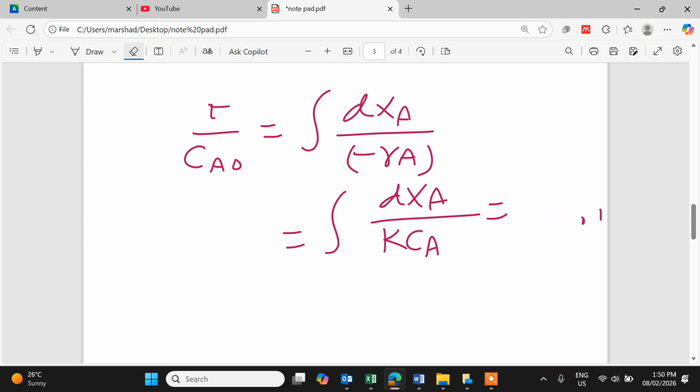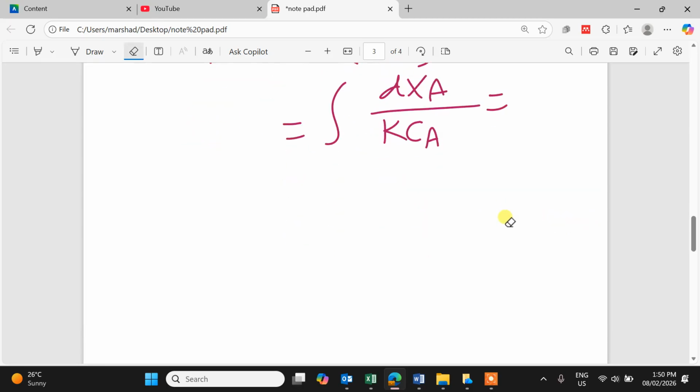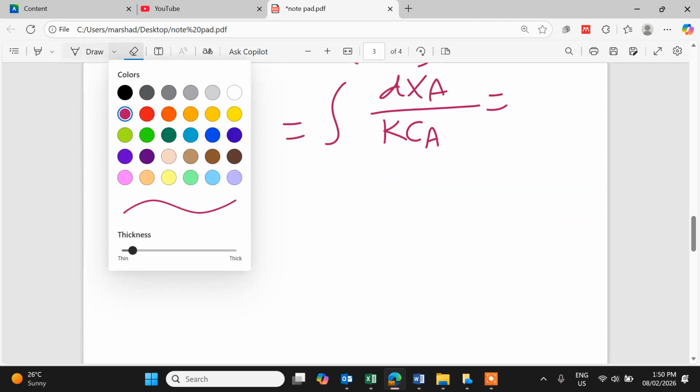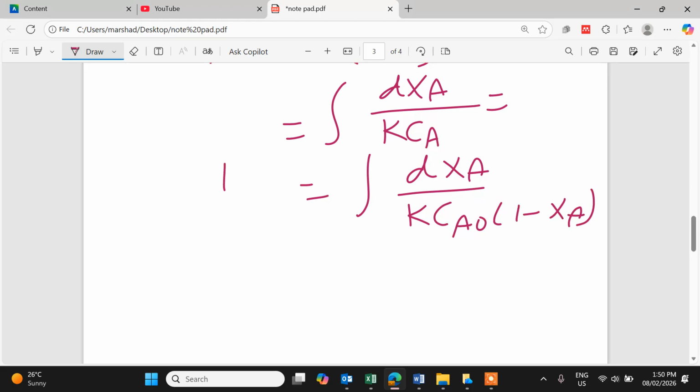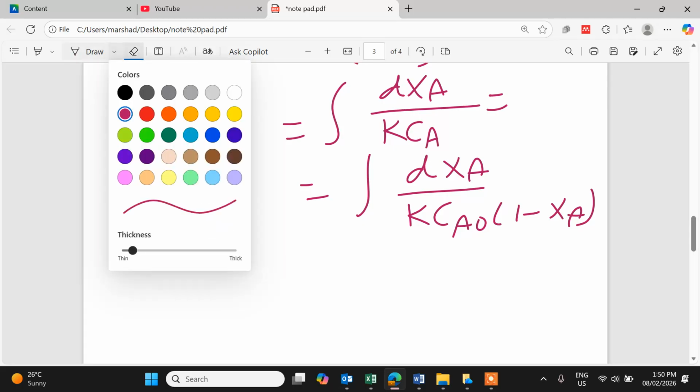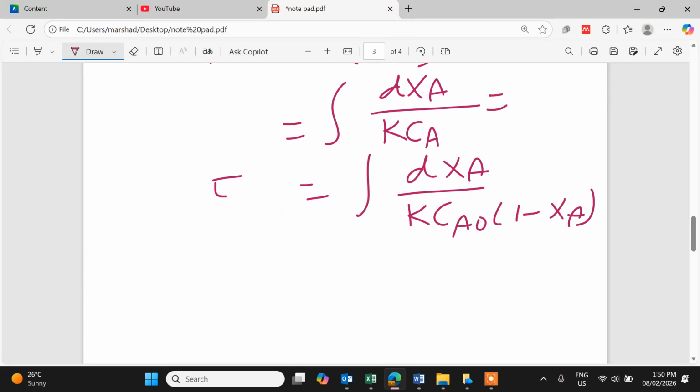So we have K tau over CA naught, and CA naught will get cancelled.